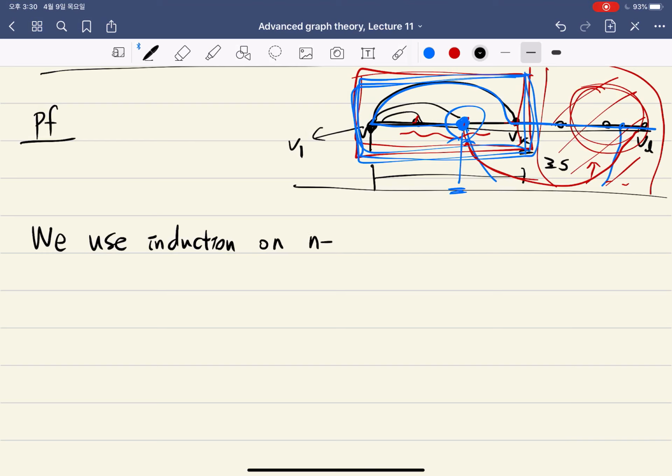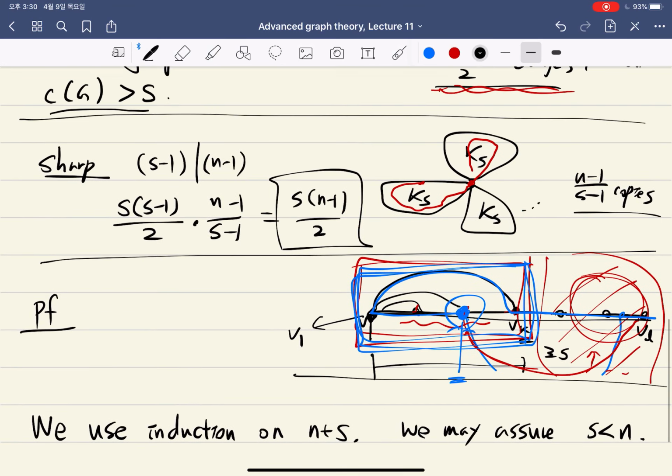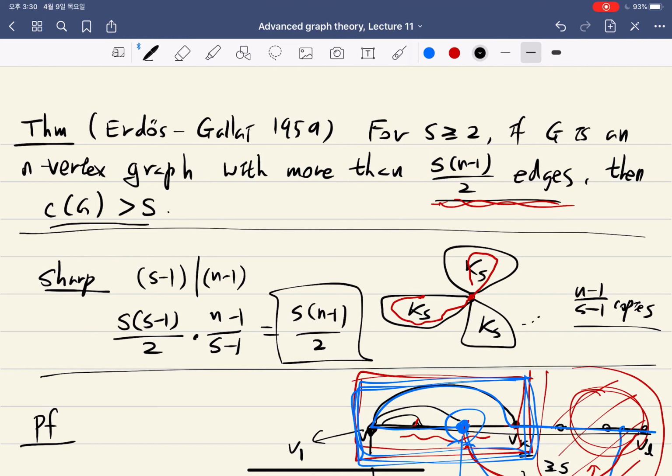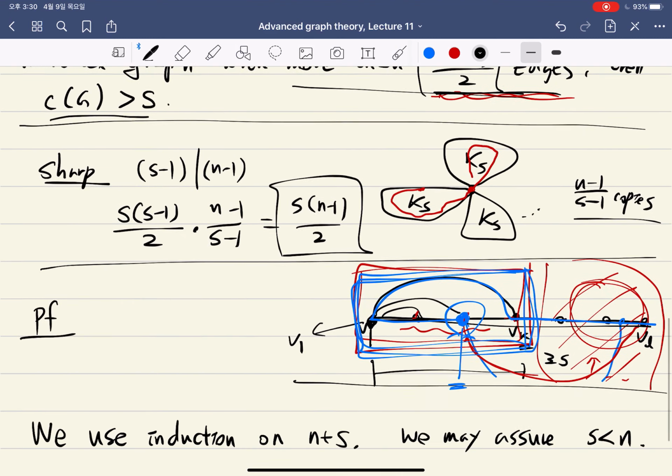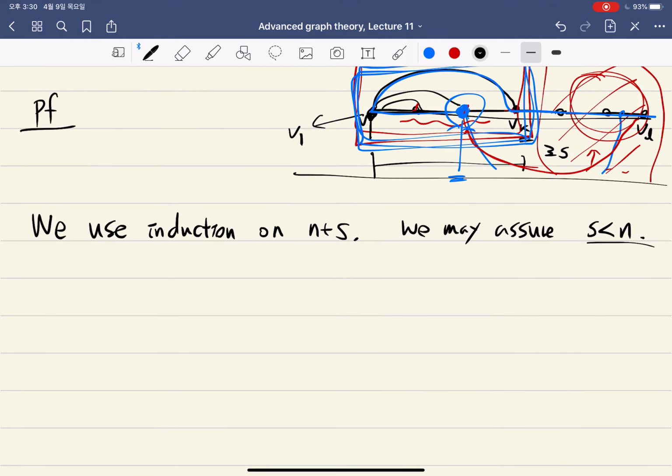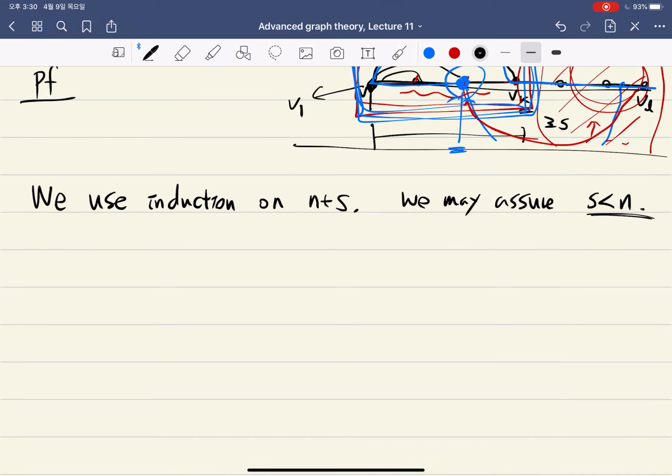Let's say we use induction on n plus s. And we may assume s is strictly smaller than n. Otherwise, if n is s, then this is n choose 2, and there are no graphs with more than that many edges. So we can just assume s is strictly smaller than n. Then what do we have?